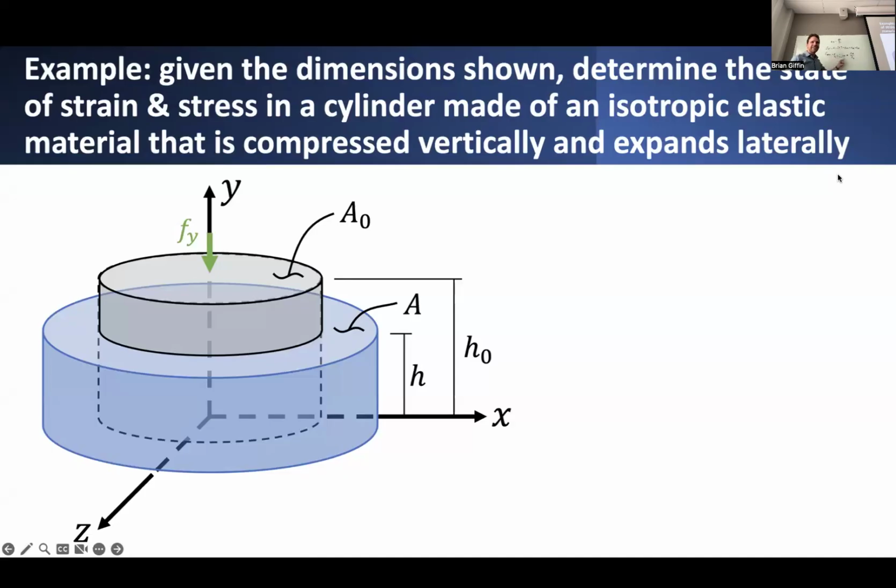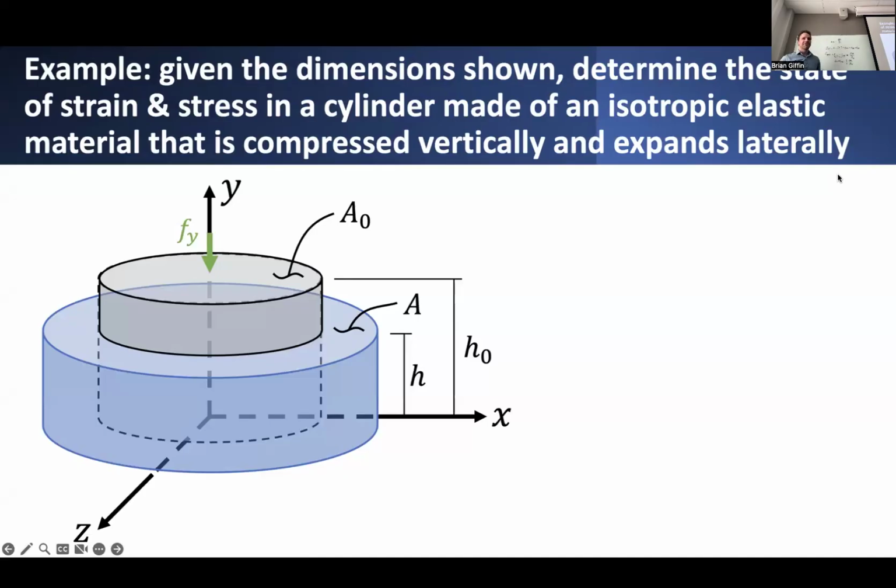So epsilon XX is equal to epsilon ZZ, which is just equal to this thing. And let's divide by 2, such that when we sum these two things together, we get back this measure of the area strain in this plane.